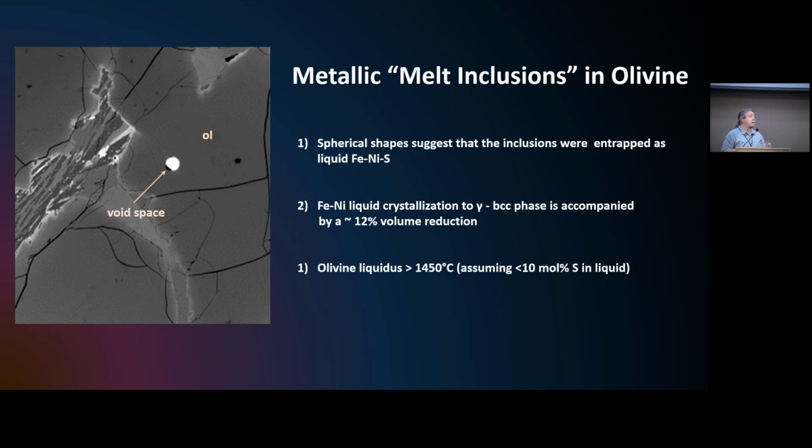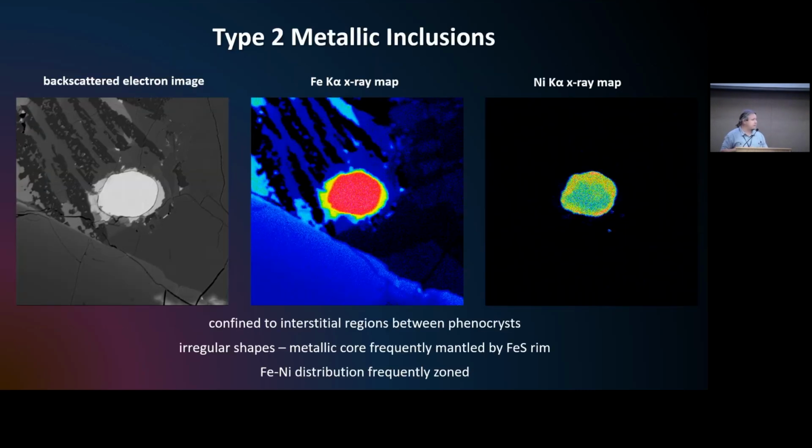When the olivine grew, the magma was saturated in metallic liquid droplets. Looking at the phase equilibria, it suggests that the liquidus temperature for these olivines is very high, on the order of 1450 degrees C, is my estimate.